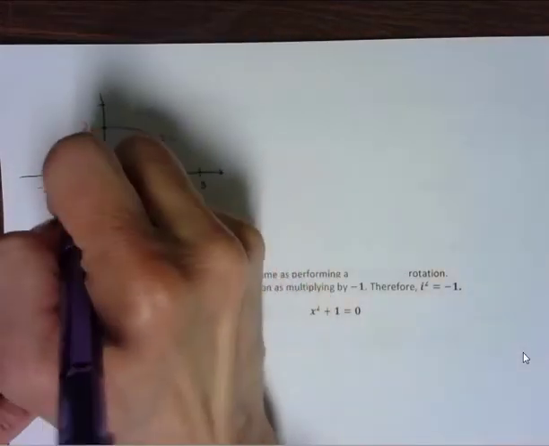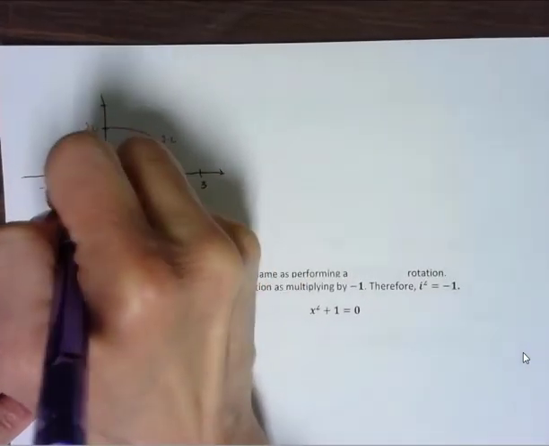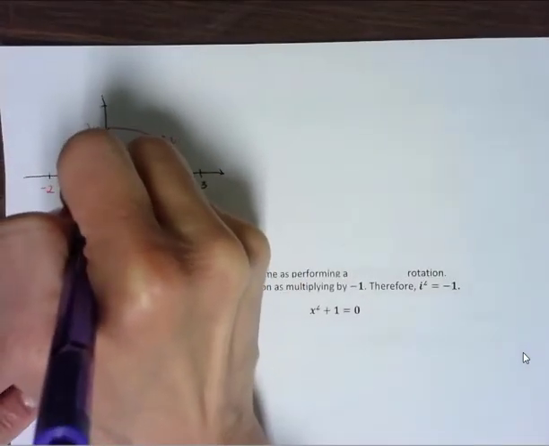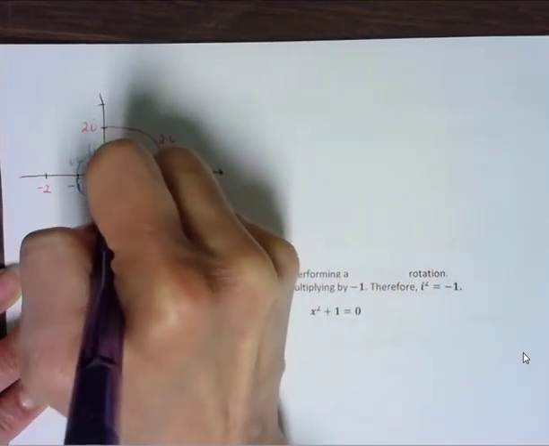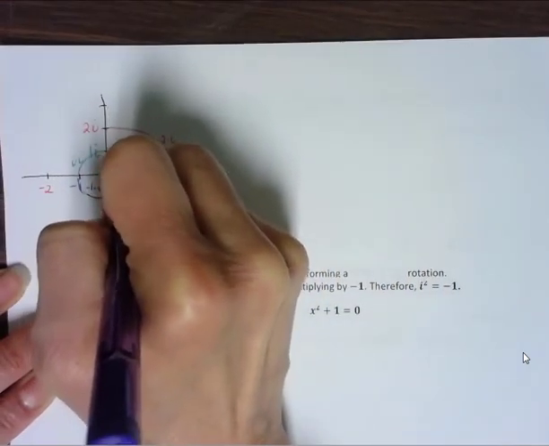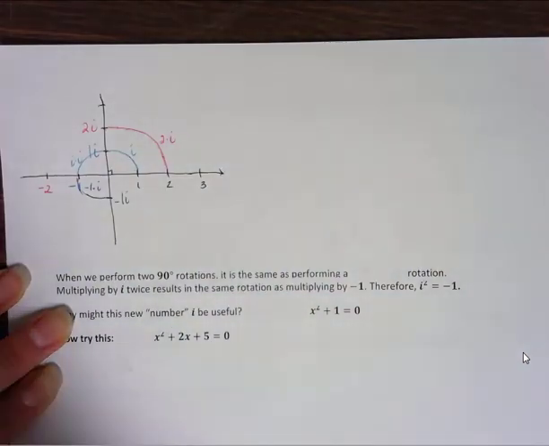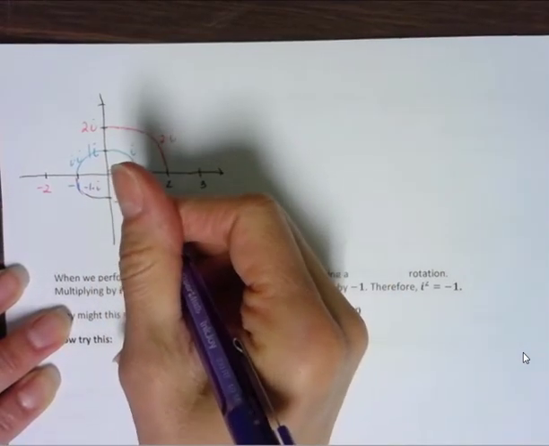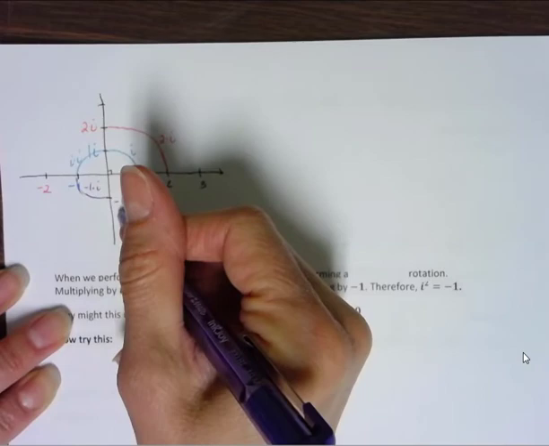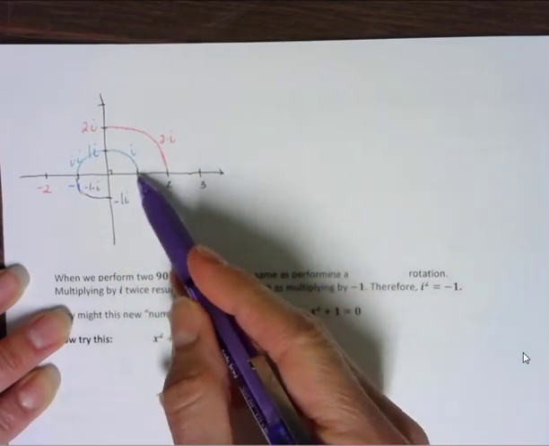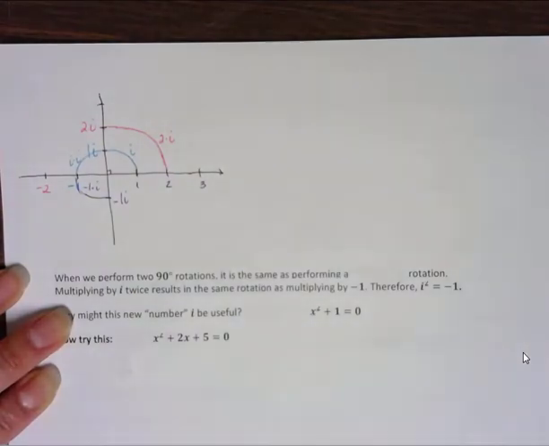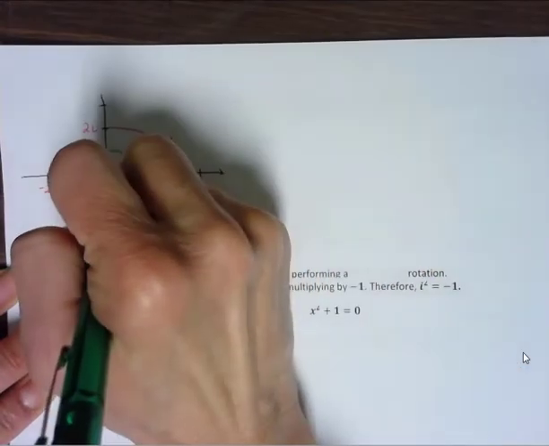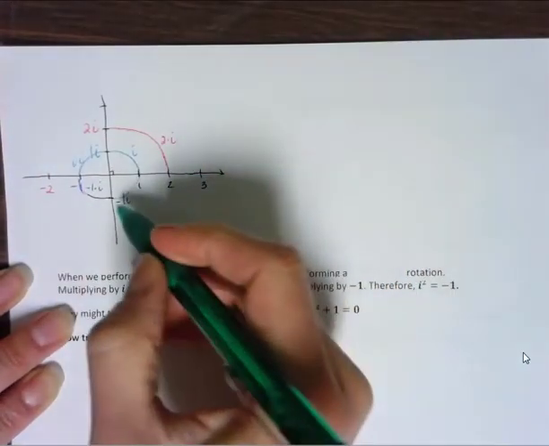So I'd have really 3 i's, i to the 3rd. Okay, and we know that's technically -1 times i, so this corresponds to the point -1i. Okay, and then if I went one more, that would be -1i times i, and bring me back to 1.